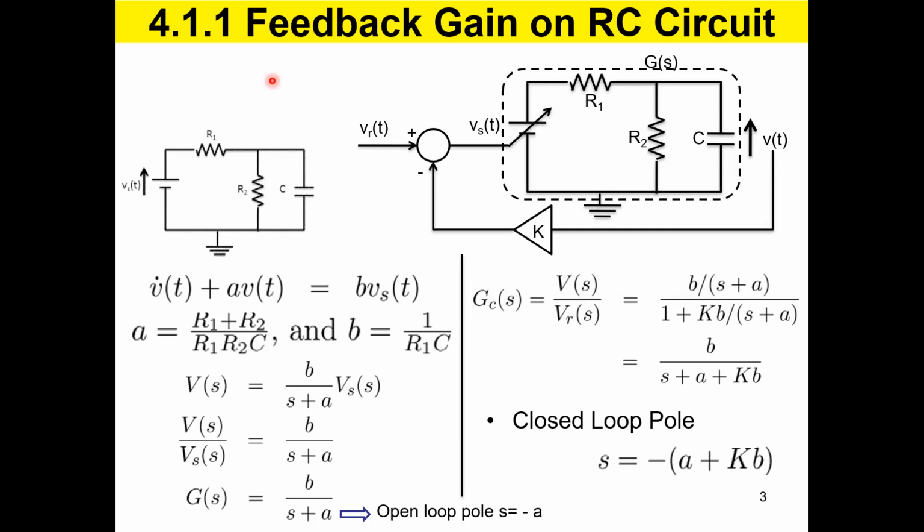So now the new thing here is that I'm going to design a system around the circuit like this. I'm going to put a voltage sensor across the capacitor and feed that voltage signal through a gain into a summing point here. And I'm going to introduce a new request to the plant.